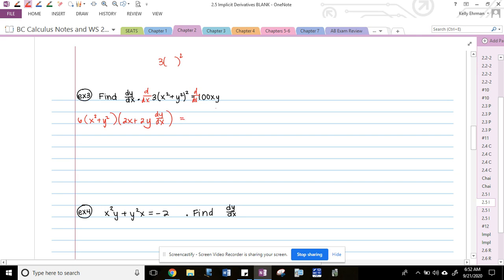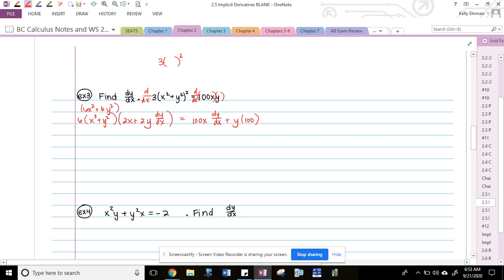And then that's equal to, on this side, we have a product rule. My first function is 100x, my second one is y. So 100x, derivative of y is 1 dy/dx, plus y, derivative of 100x is 100. Now, I need my dy/dx terms together, so I do need to distribute this through. So I have 6x squared plus 6y squared.